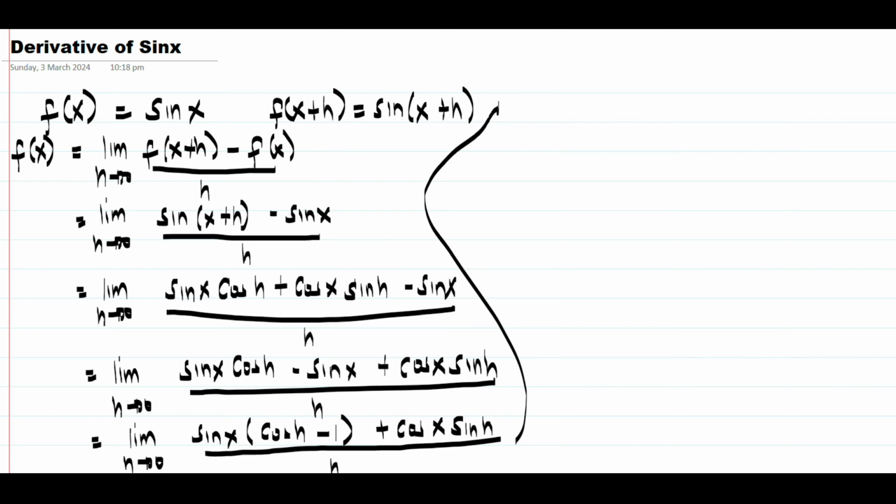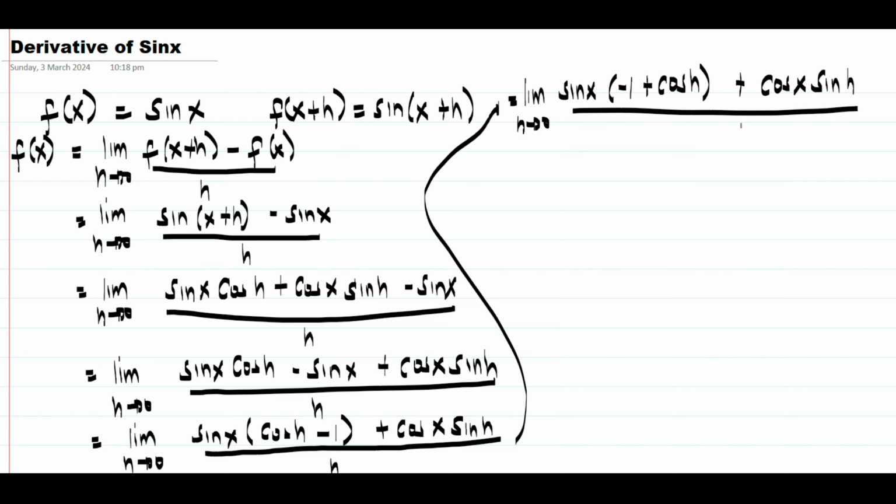And to simplify, let us have the limit, and let us write cosine h minus 1 as negative 1 plus cosine h, and let us write sine x, h approaches 0, plus cosine x sine h all over h.